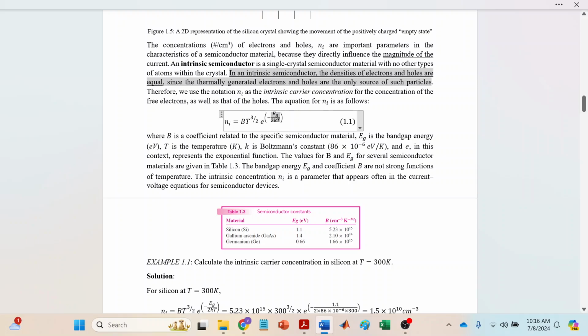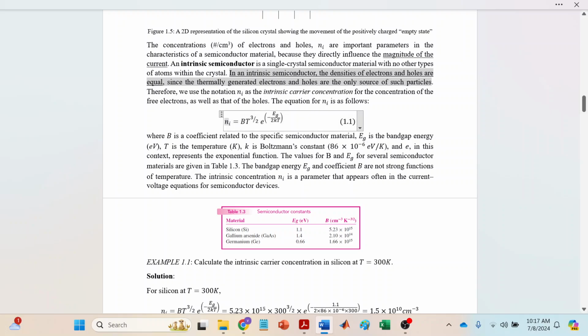We've seen this term before. Eg is the band gap energy, and these are the specific band gap energies for different semiconductor materials. K in this case is Boltzmann's constant, and it's specifically given by this number. Then T is the temperature.